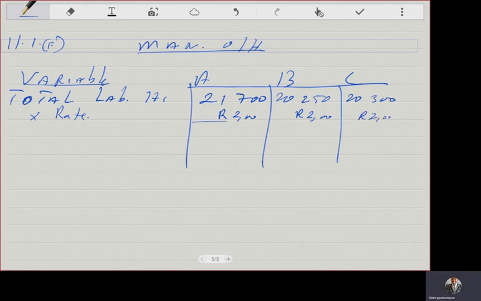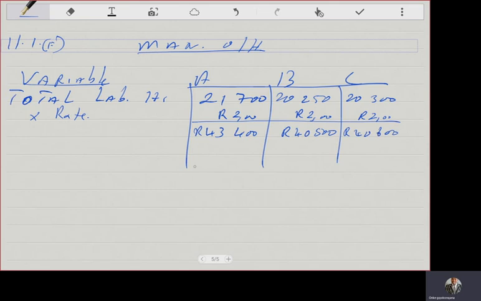We'll multiply by that 2 everywhere, guys, because the variable absorption amount goes into all of these products. So it's 43,400 here, 20,250 times 2 gives you 40,500 this side, and times 2 there is 40,600.